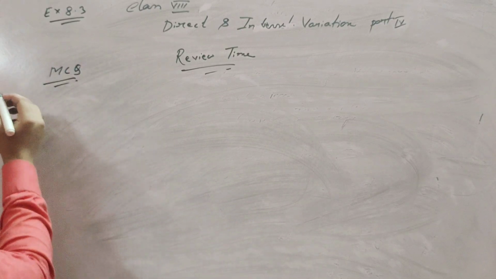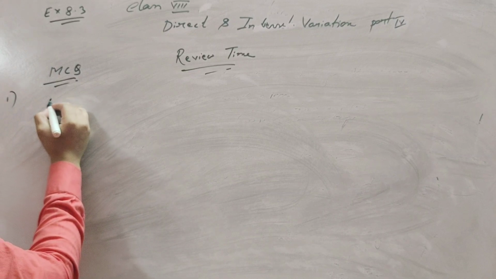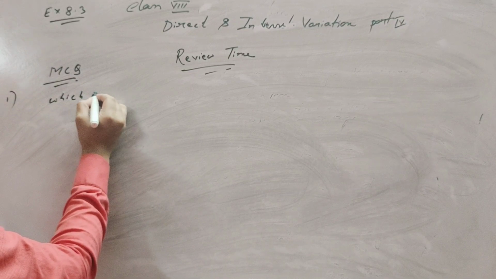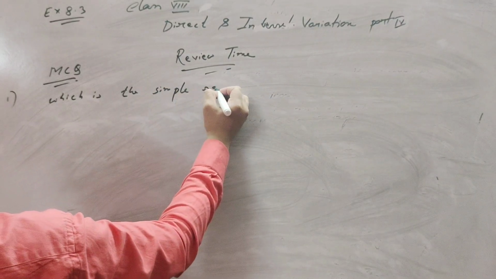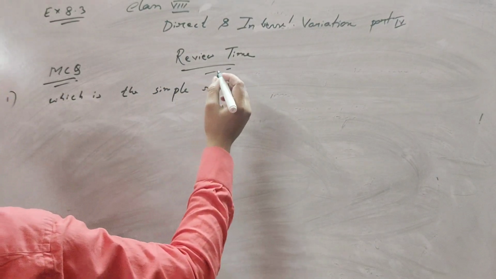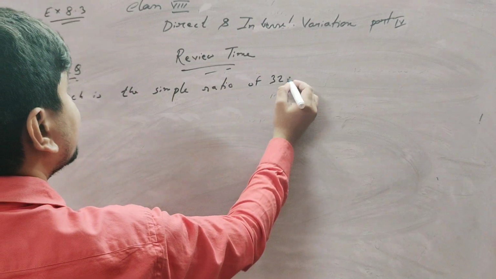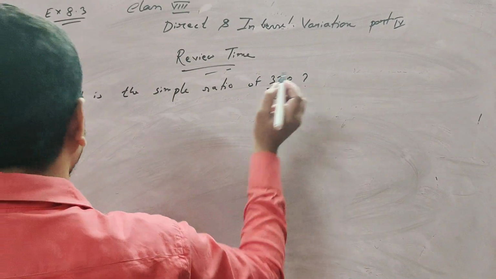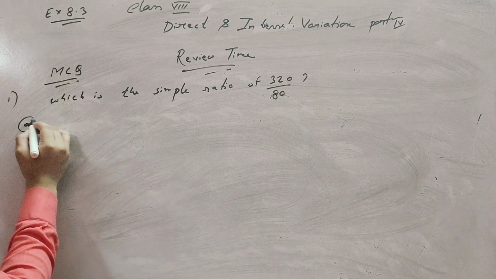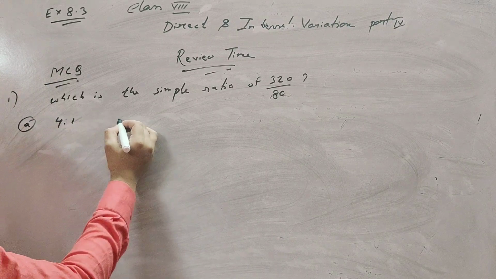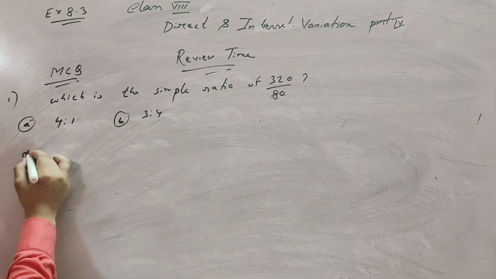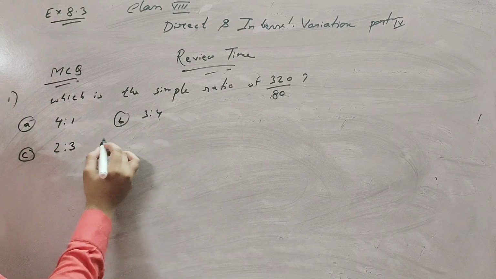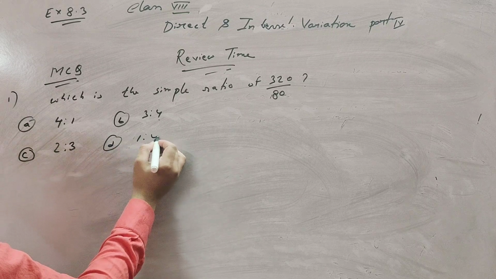First question: which is the simple ratio of 320 by 80? The options are A 4:1, B 3:4, C 2:3, and D 1:4.